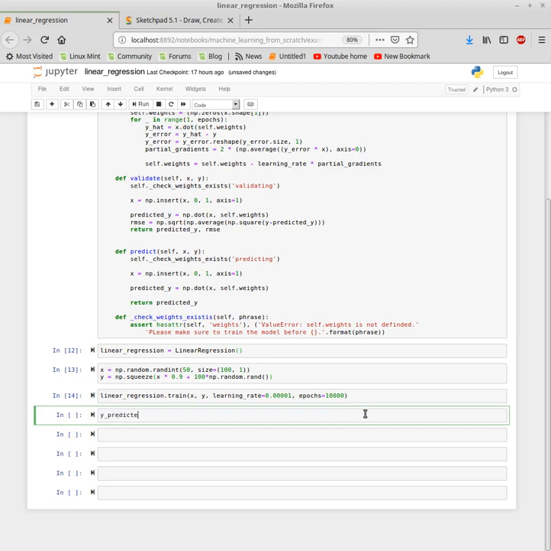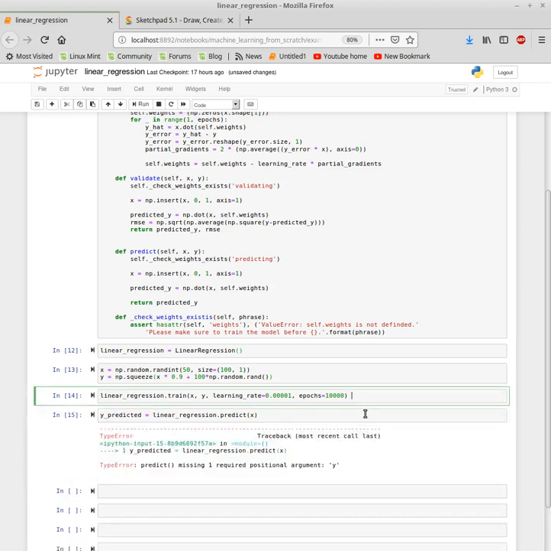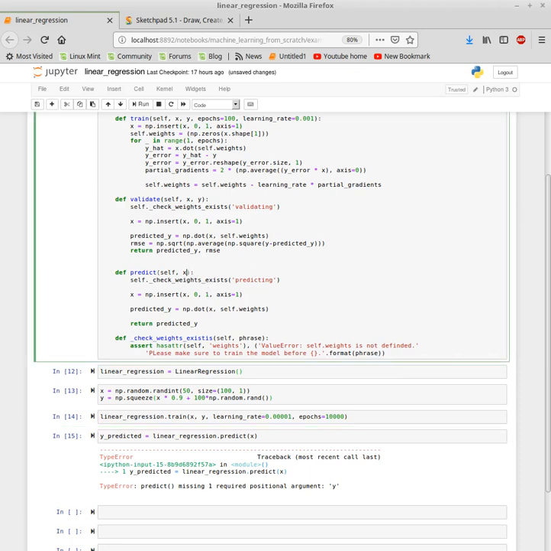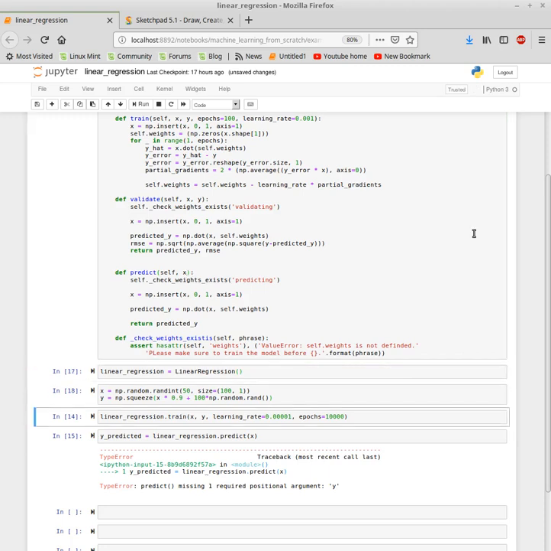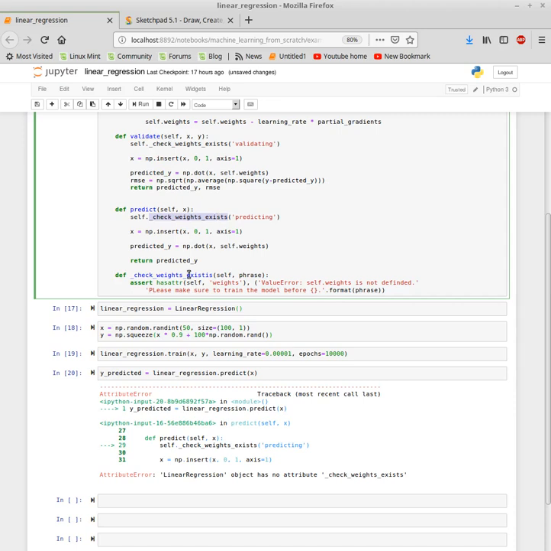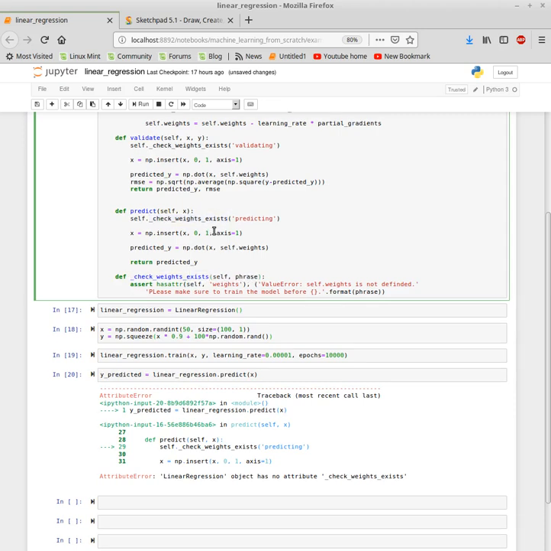So let's predict X using the same graph. Okay, predict is missing an additional Y. Well, let's just do this. We don't need Y for that. LinearRegression has no check weights exists. Oh, they just spelled it wrong.